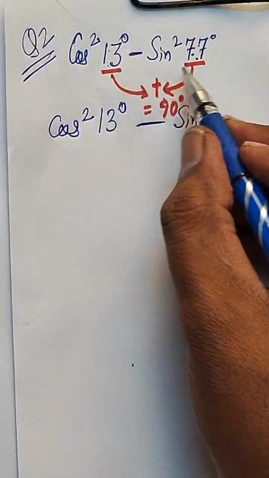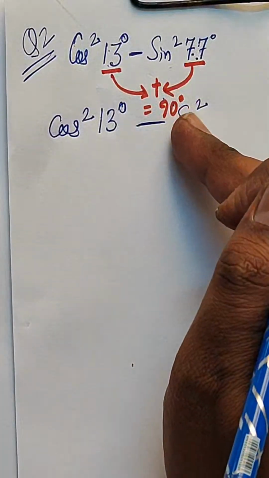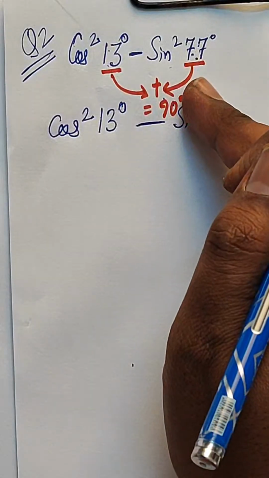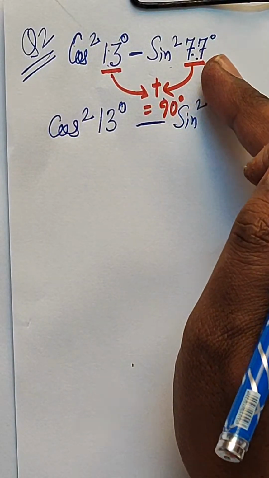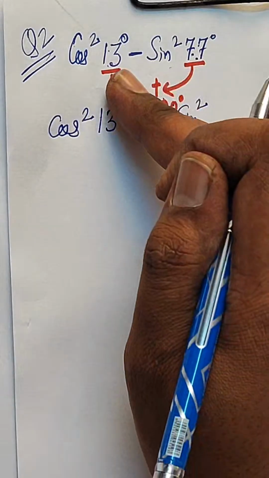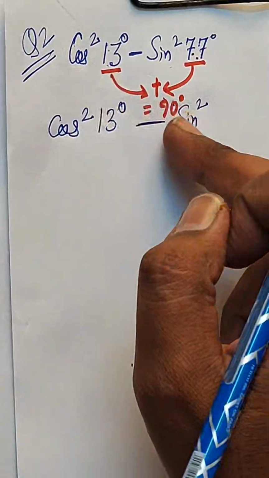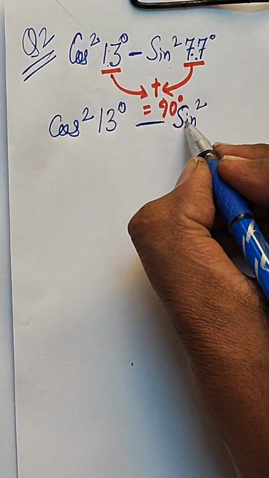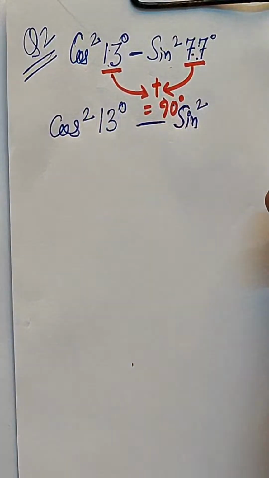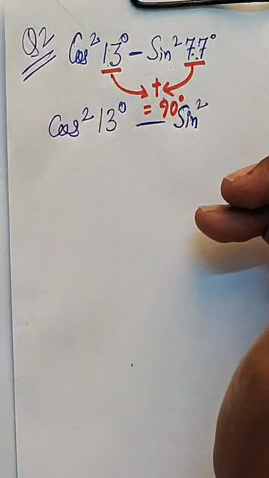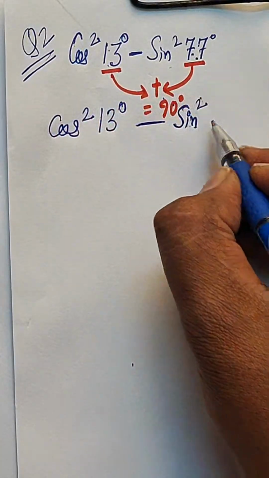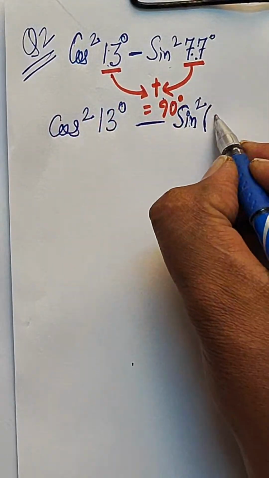Such questions are given in such a way that you can easily set the other angle into its complementary, and the theta in 90 minus theta will be equal to the theta of the first ratio. This is very easily set. So sin square can be written with 90 minus theta.